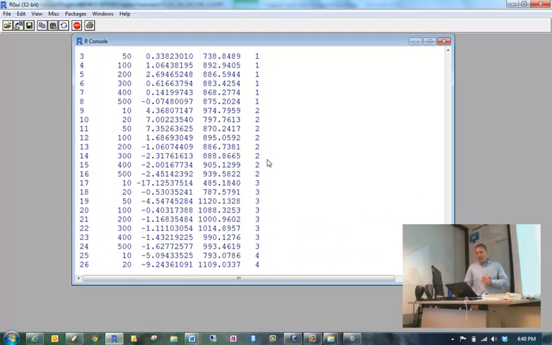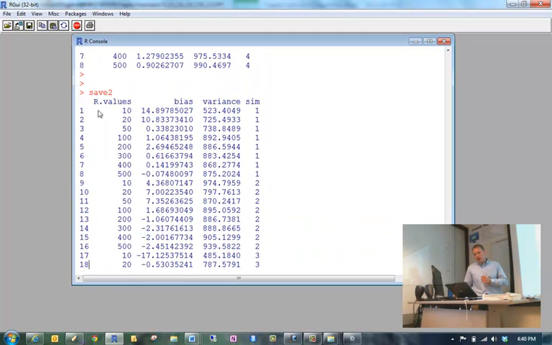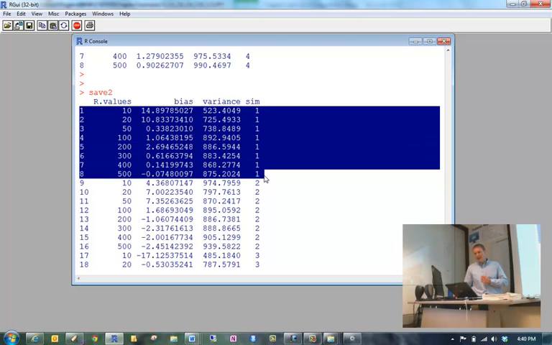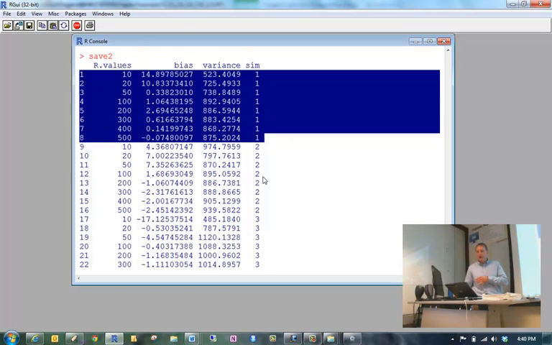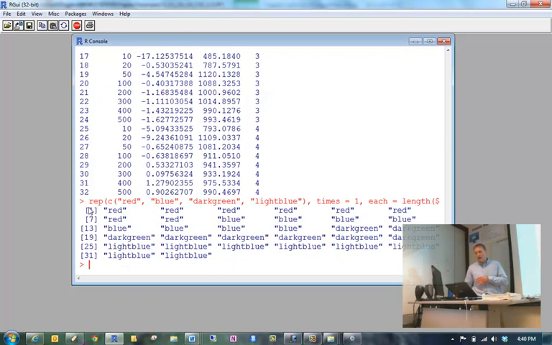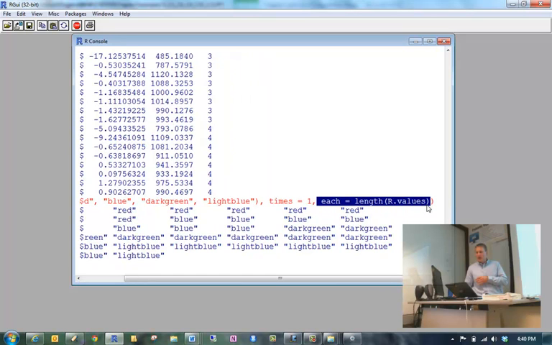So in the data frame save2, notice how the first 8 correspond to simulation 1. So I want all those to have exactly the same color, all those have exactly the same plotting point. When I say REP, that stands for repeat, I want to repeat the colors red, blue, dark green, and light blue times equal 1, but each of the colors are going to be repeated corresponding to the number of R values.